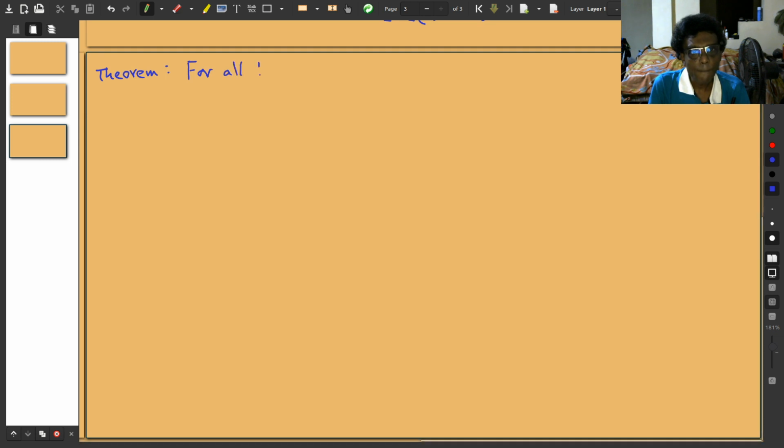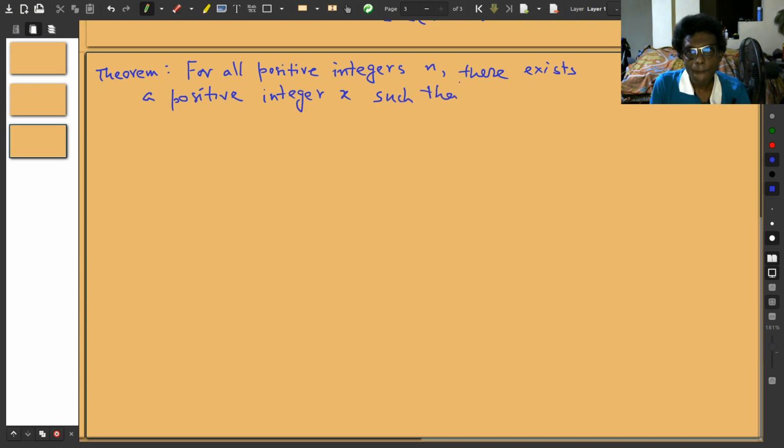For all positive integers n, there exists a positive integer x, let's say, such that x plus 1, x plus 2, up to x plus n minus 1 are all composite.